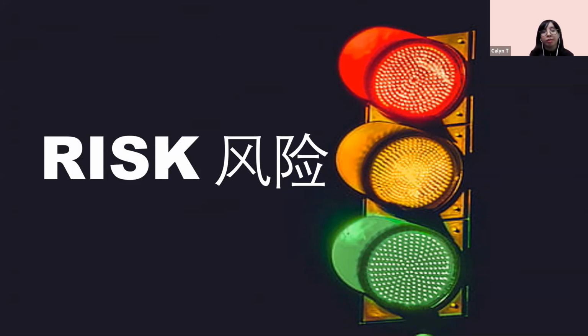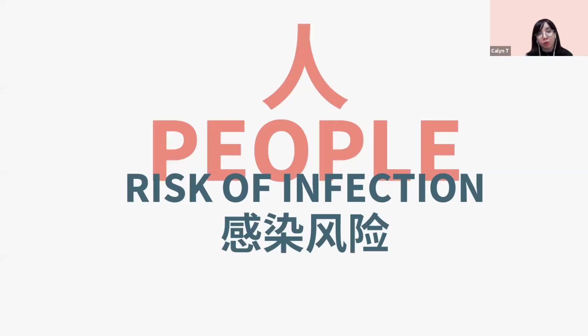But if you stop, you also know that there may be a risk that a car is coming from somewhere that I do not know, and I know that I shouldn't run the red light, so I should just stay there because of my safety. So a lot of things depend on how we look at things and from what perspective we are seeing. So it's the same with COVID-19 and your SOPs.